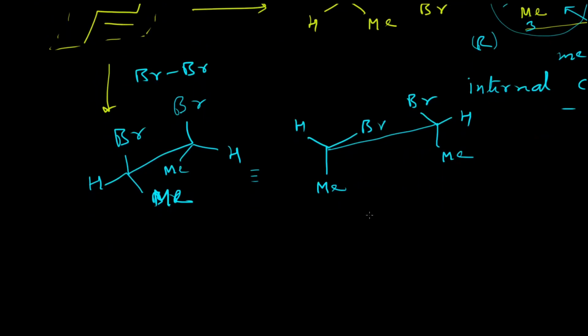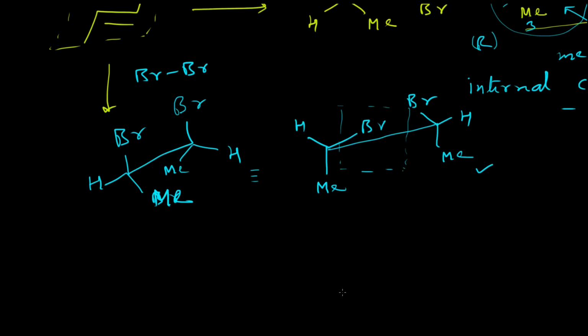So now if we adjust, then we will attain this conformation. So you can see this time there is no sigma plane between these two carbon atoms. So this is no more a meso compound. So this is a product molecule of two possible products. This is one product.